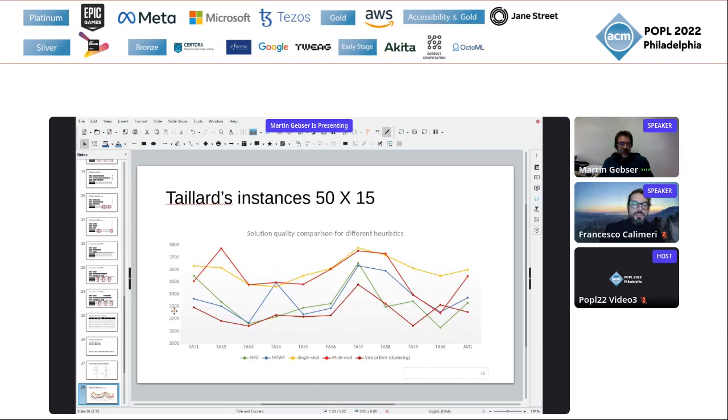Okay, and from our benchmarks, I need to be a bit short on that. We selected hard benchmarks, which are difficult for greedy algorithms, at least, so that there is room for optimization. We use as baseline just greedy algorithms, FIFO and most total work remaining, and you can see they are pretty good, this green and blue line.